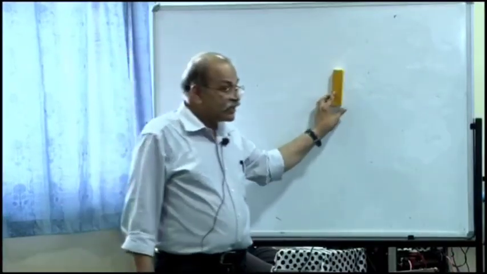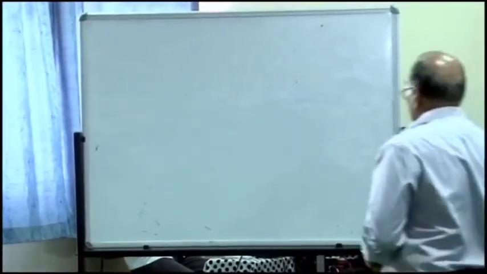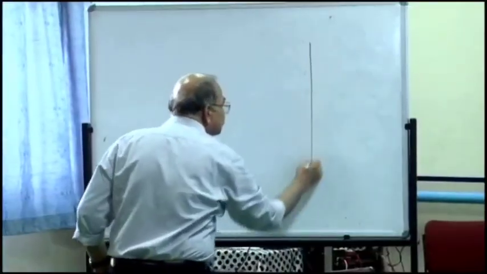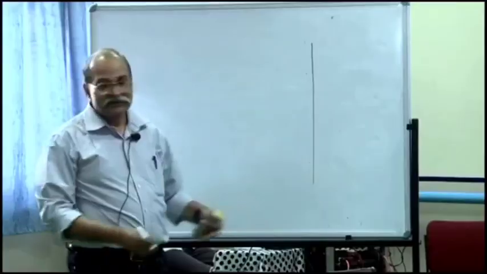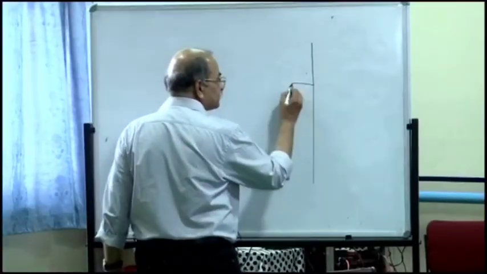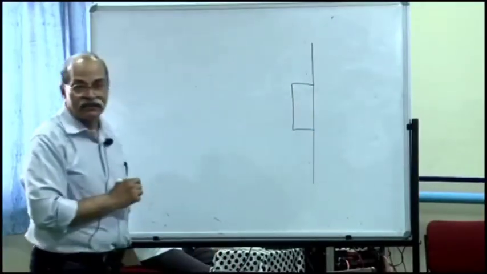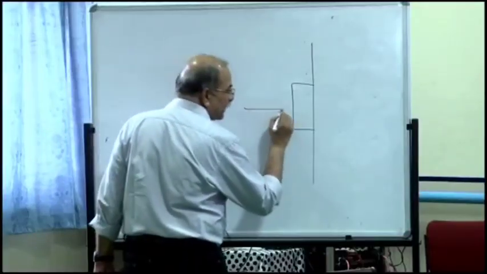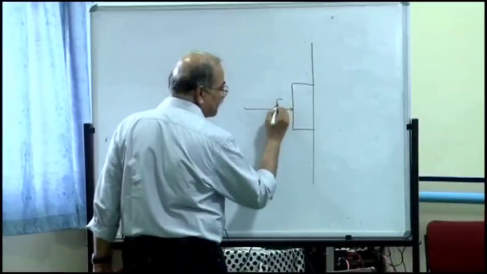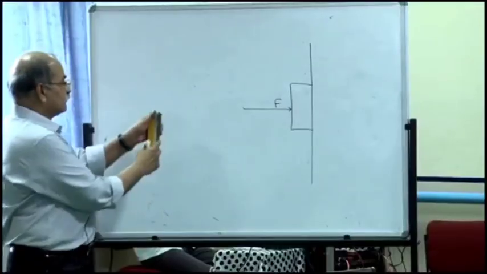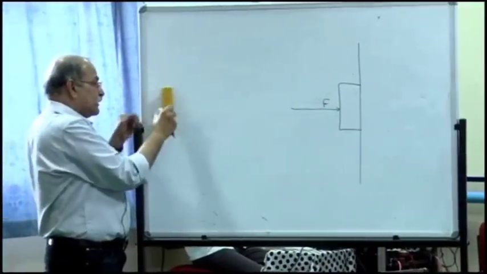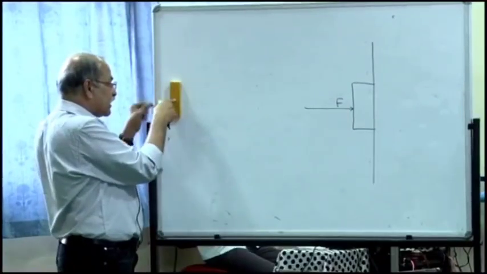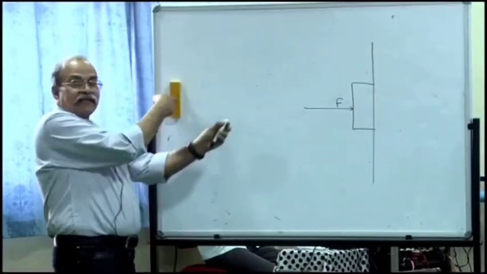If I draw a diagram for this, the diagram will be something like this. You have a wall, this is the board surface I am representing. Then you have this duster, and then I am pushing it perpendicularly, a force F I am applying here. This is the physical situation, actual situation, and this is the diagram for that.